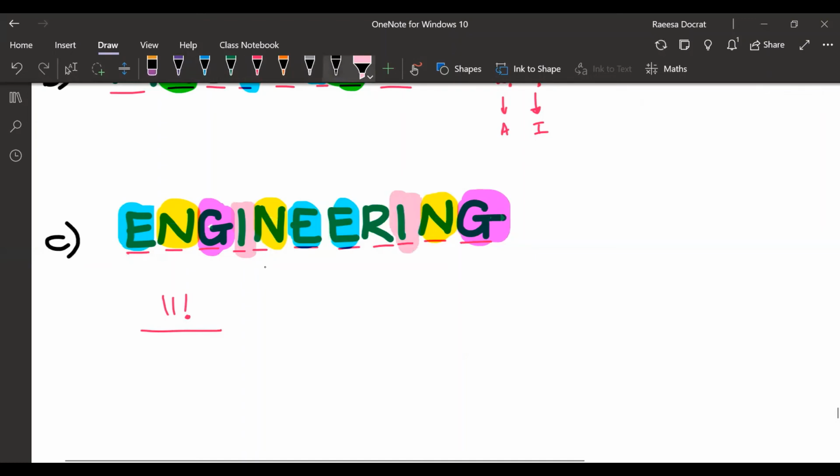So how do we account for it? We divide by the number of repetitions. Let's do the E's. There are 3 E's, so we divide by 3 factorial, accounting for the repetitions in the E. Then there are 3 N's, so we divide by 3 factorial, accounting for the repetition in the N's. Then there are 2 G's, so we divide by 2 factorial.